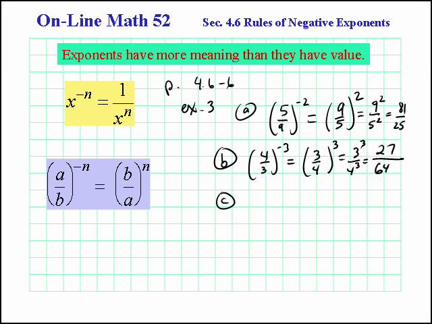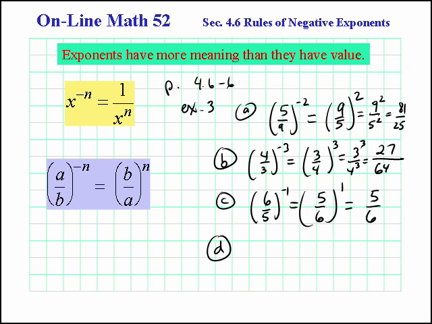And part C, 6/5 to the negative 1 is 5/6 to the positive 1. And remember what I said about the positive 1 exponent, it doesn't need to be shown. So just 5/6. And let's see.